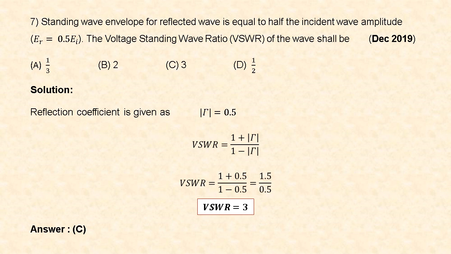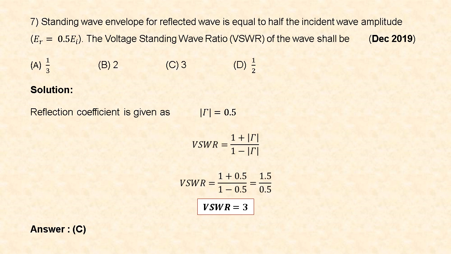Here ER is the magnitude of voltage of reflected wave and EI is the voltage of incident wave. Reflection coefficient is nothing but ER divided by EI. That is, reflected voltage divided by incident voltage, which is equal to 0.5.